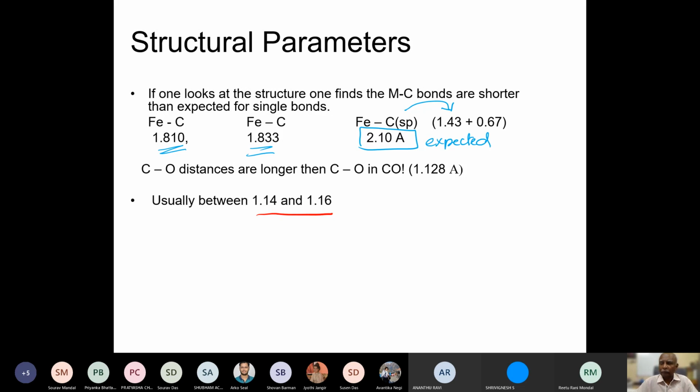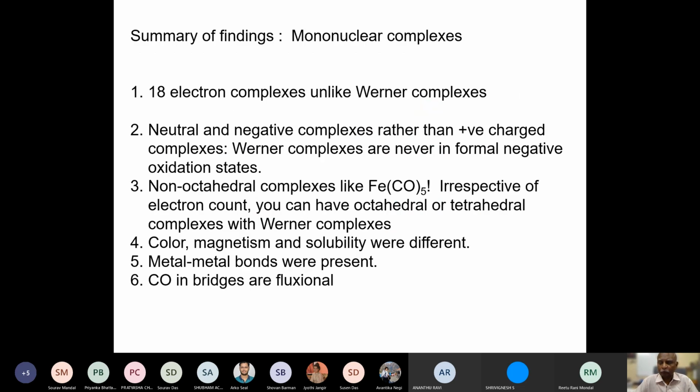Usually it ranges between 1.14 and 1.16, and that is 0.02 angstroms lengthening, not 0.04 angstroms lengthening. So that's not a significant increase, but nevertheless, crystallographically significant, which means these structures have been determined fairly accurately.